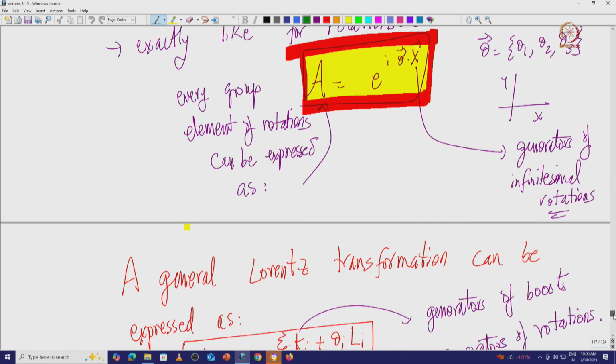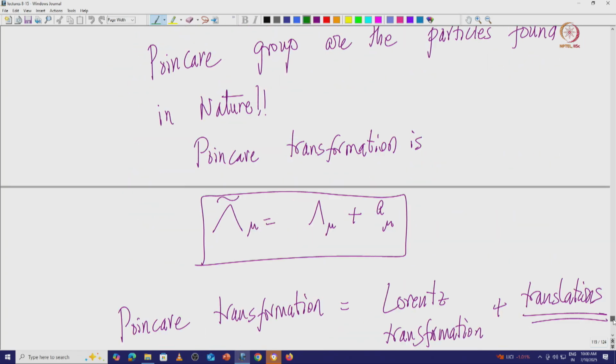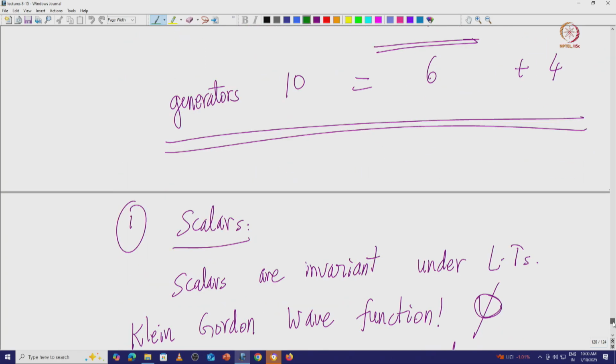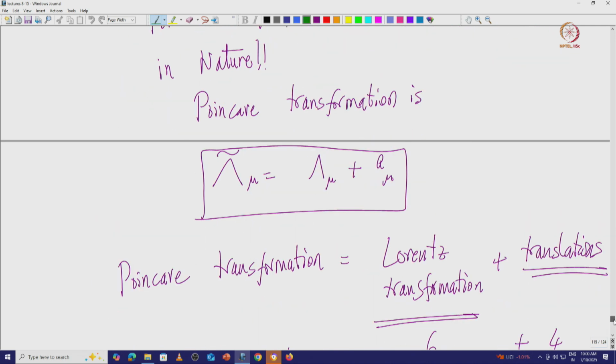Okay. So, then we went with the general Lorentz transformation. How do we write it down? And then we wrote down Poincare transformations, and the Poincare group.